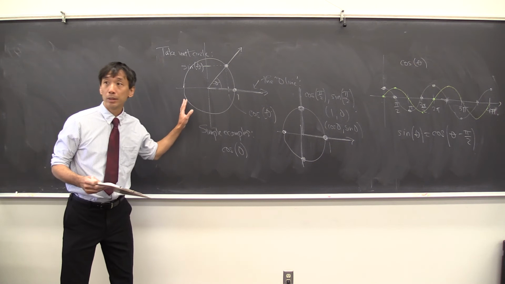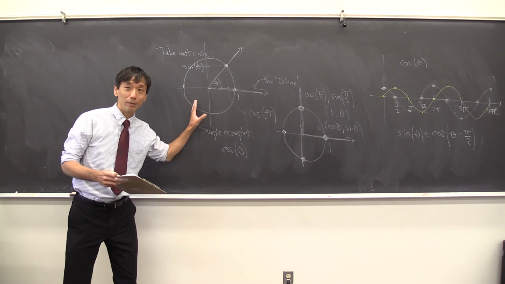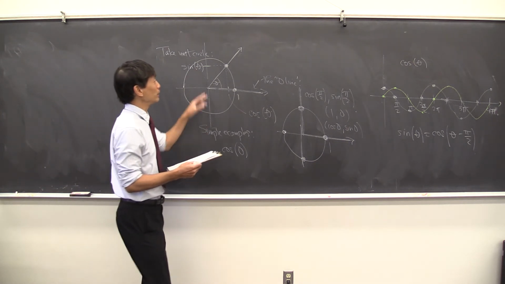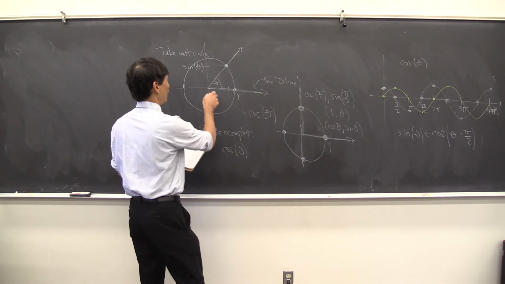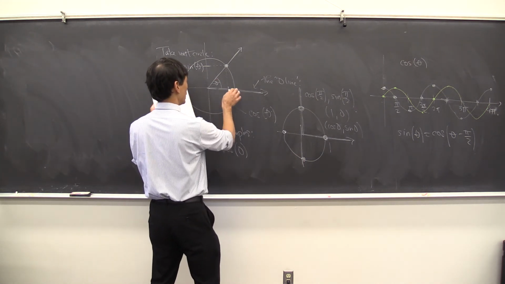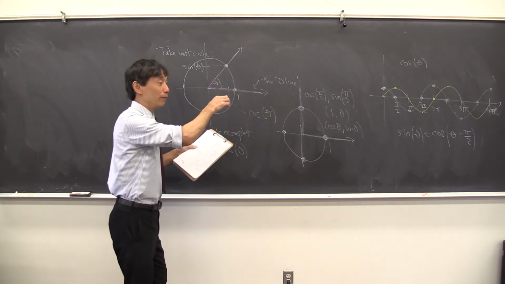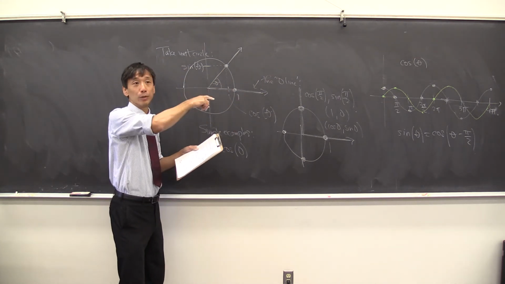The main thing you want to get out of this is just the definitions of sine and cosine. Just remember, what is the cosine? The cosine is the x-coordinate of the corresponding point on the unit circle.